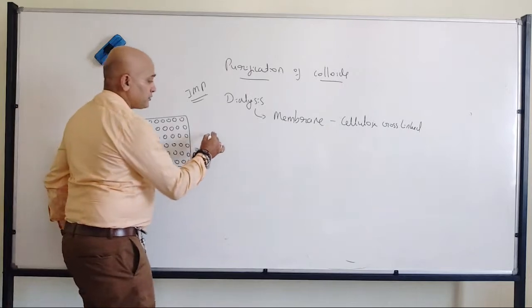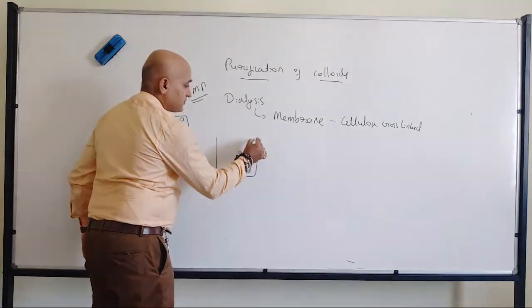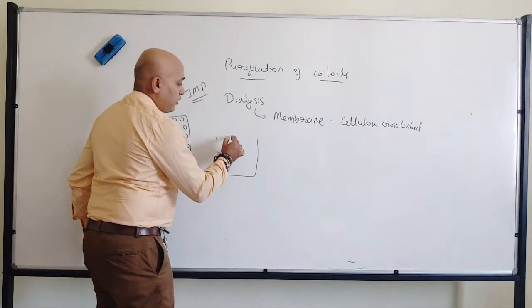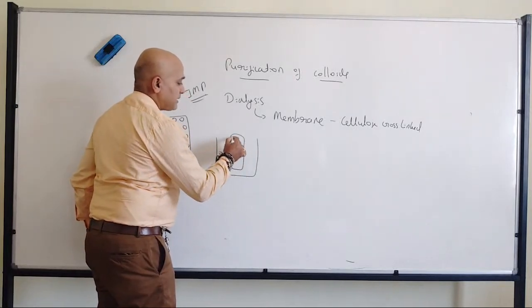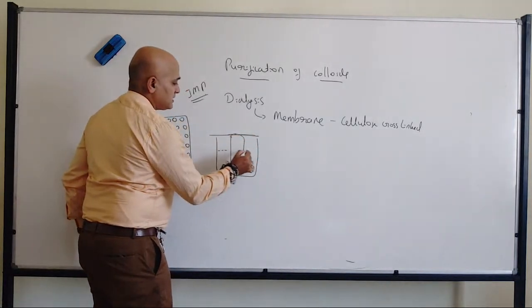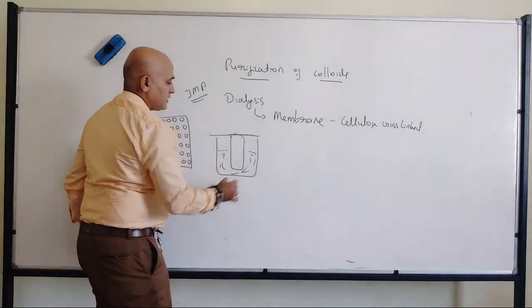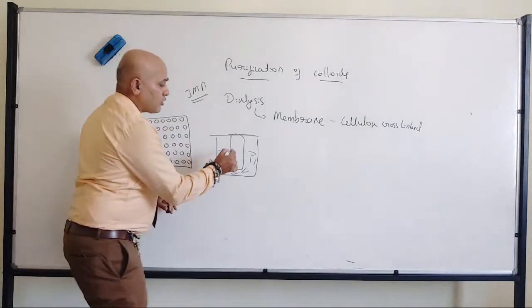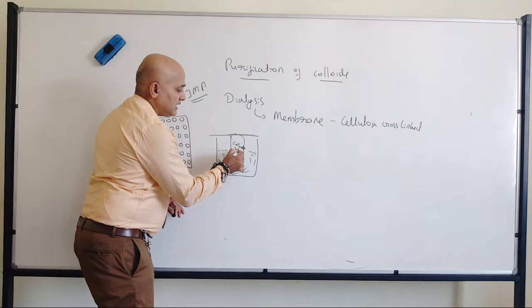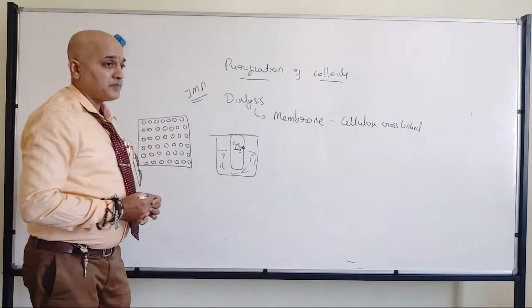Now I will take a solution or solvent where this membrane or dialysis bag will be kept immersed. Our colloidal solution which has to be purified will be present inside the bag.